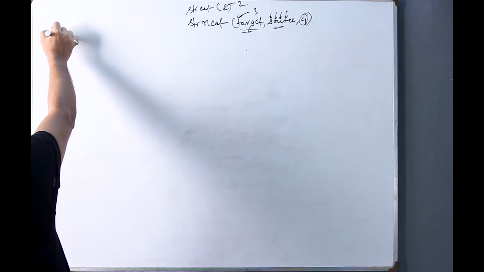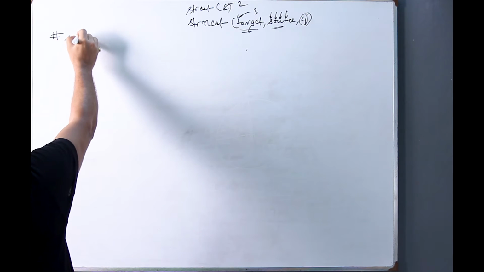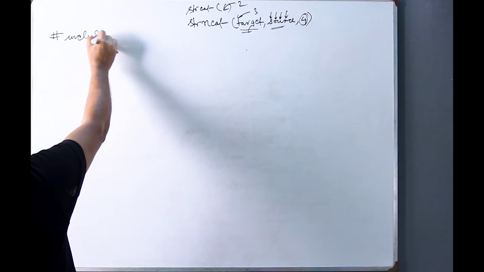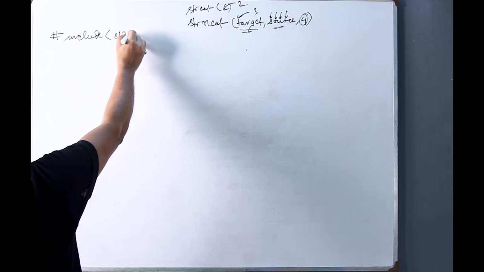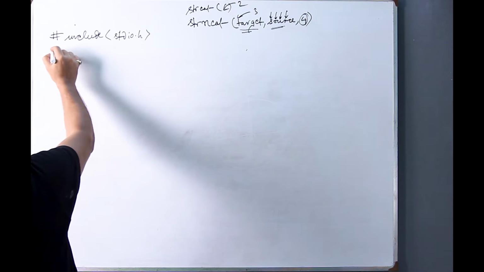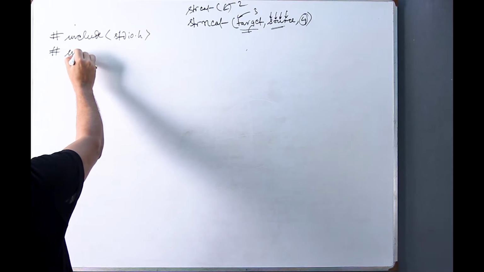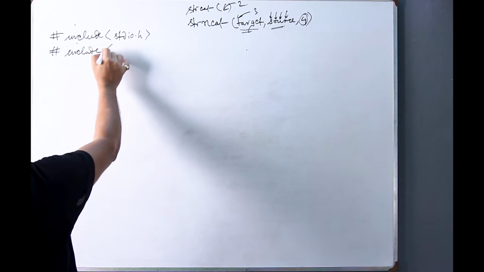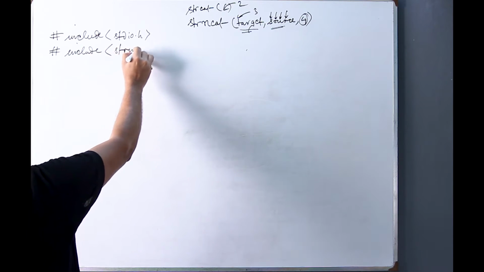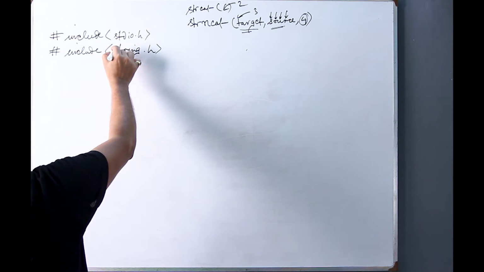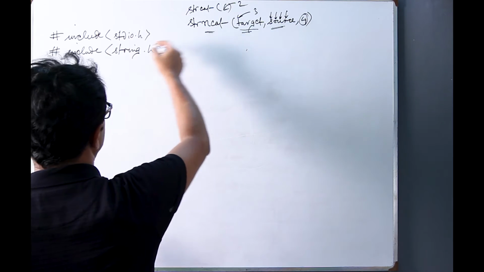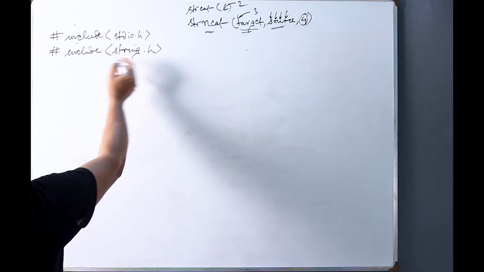First we will take #include <stdio.h> and #include <string.h>. Because we are going to use the function strncat, we have to include this header file string.h.